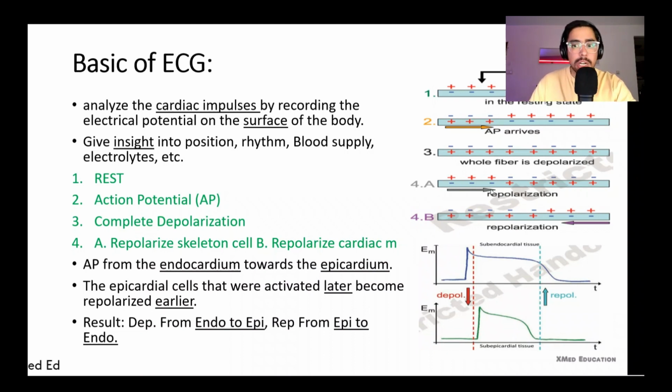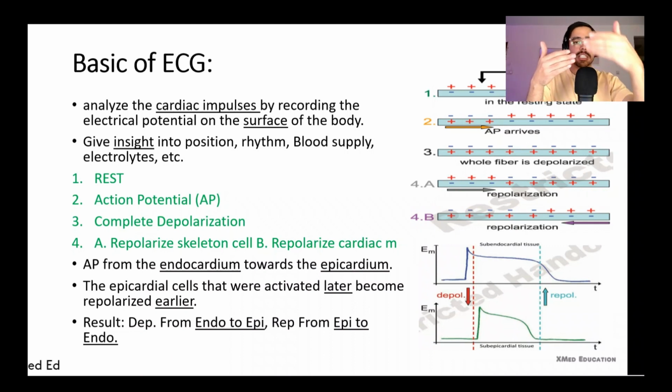Then we have repolarization, but you have to know this repolarization will happen in two ways. So look at this picture. In this picture, as you see, first we have the endocardium, which is inside the heart, and we have the epicardium. Depolarization starts from the endocardium of, for example, the ventricle, and they go outside the heart, which is the epicardium.